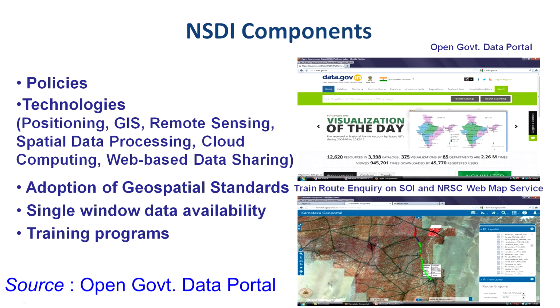The main components of the National Spatial Data Infrastructure, as you see here, are the policy, definitely the technology, the positioning technology, GIS, remote sensing for capturing and processing data, as well as cloud computing, web-based technology, and so on, as the technology develops. Then geospatial standards, then single window data availability and training.